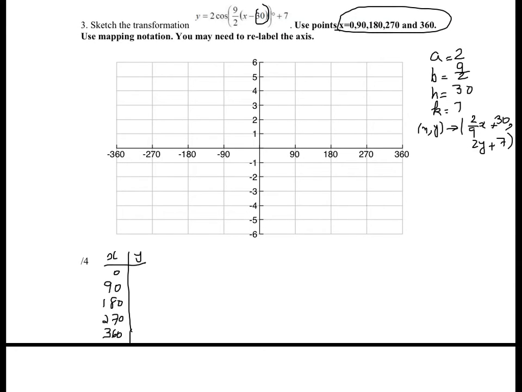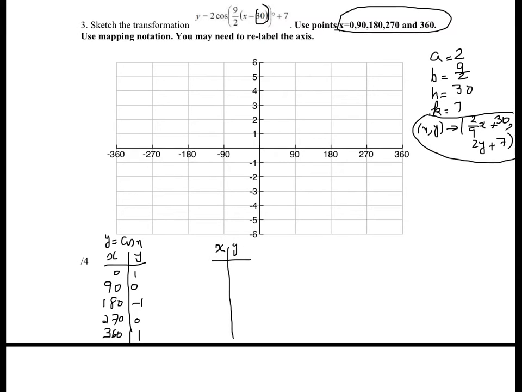Cos of 0 is 1, cos of 90 is 0, cos of 180 is -1, cos of 270 is 0, cos of 360 is 1. This is for y equal cos x. Now we are going to transform this table of values using this mapping notation here.